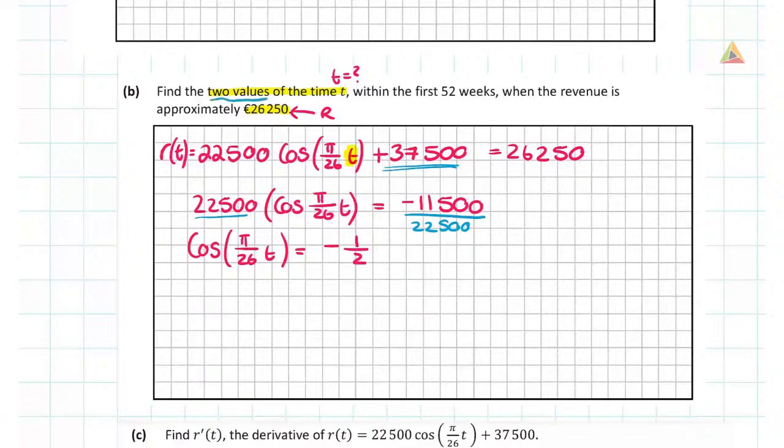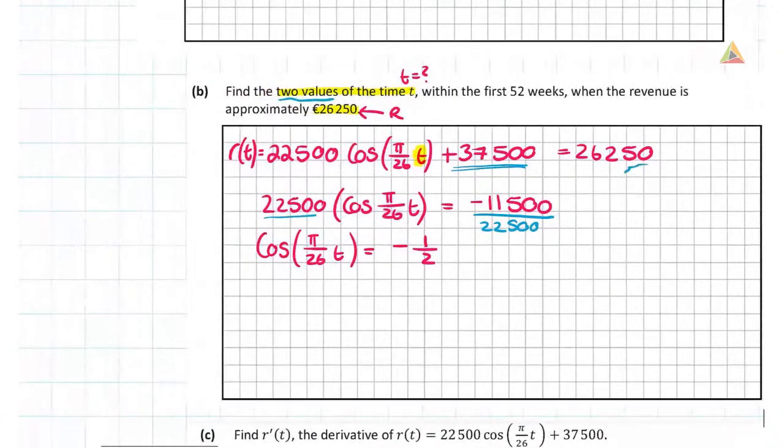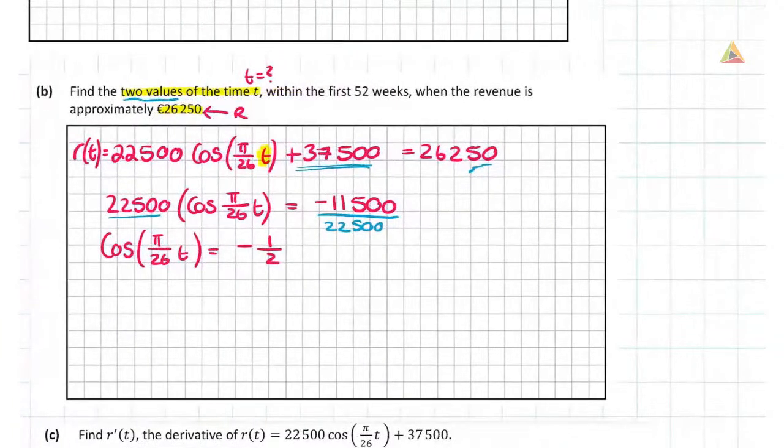Now remember they said up here we need two values. So we're going to go back to our ASTC unit circle like we had in the last question. This time we're interested in where cos is negative. So cos is going to be negative in the second quadrant and in the third quadrant.